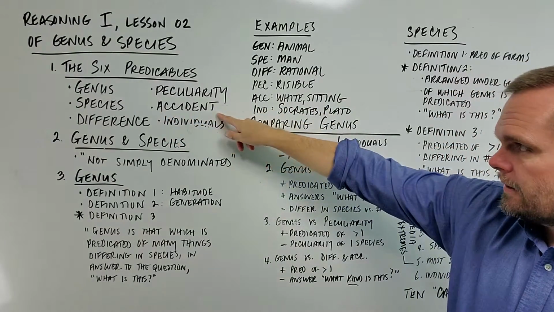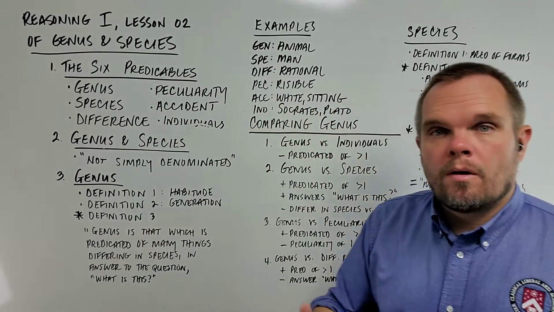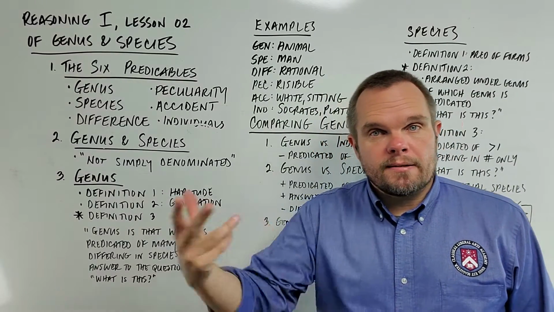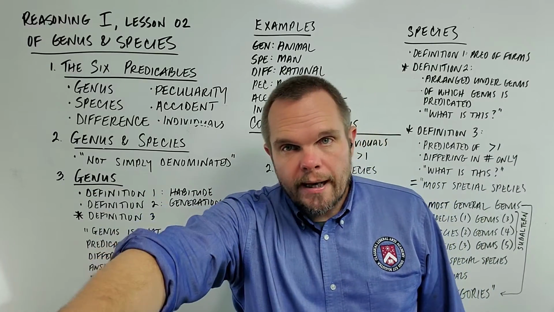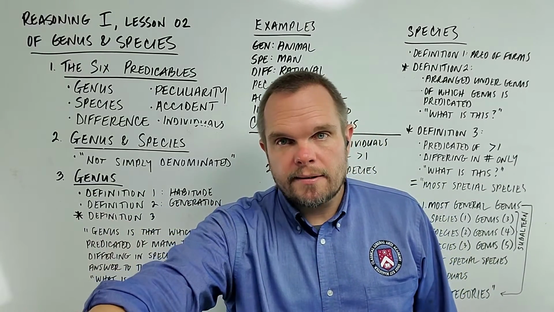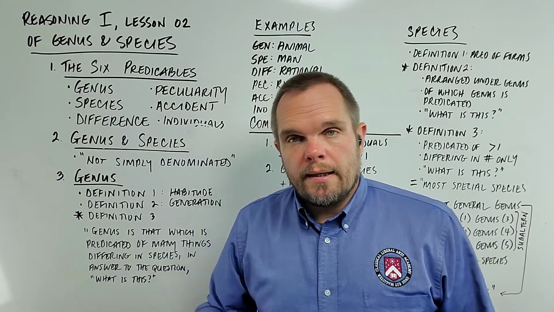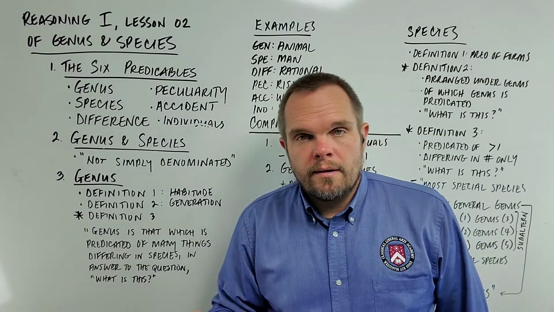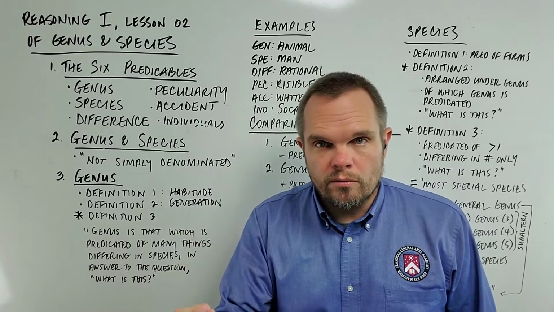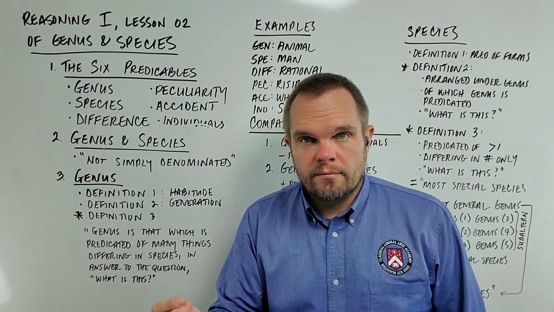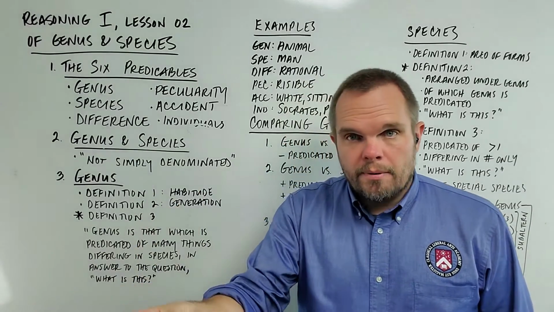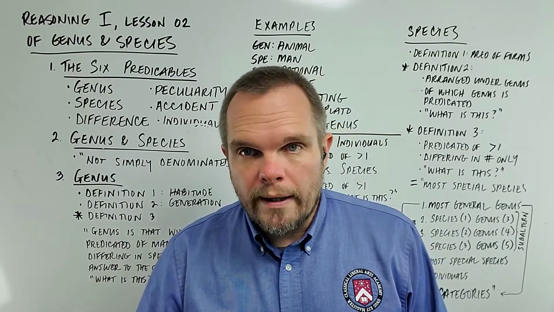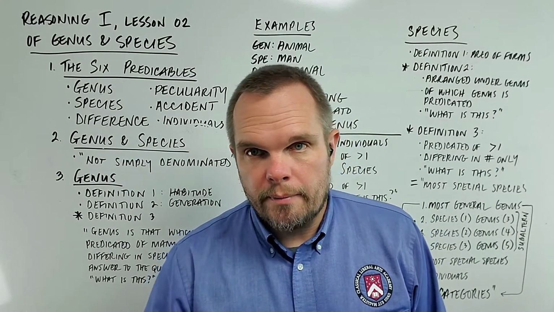Second, accident. Okay? Some examples: white or sitting. Remember the example of the rabbit. It's brown. That's an accident. Okay? And here's why. An accident is a quality that isn't always true of some object. That may be a brown rabbit, but I can show you a white rabbit or a gray rabbit.